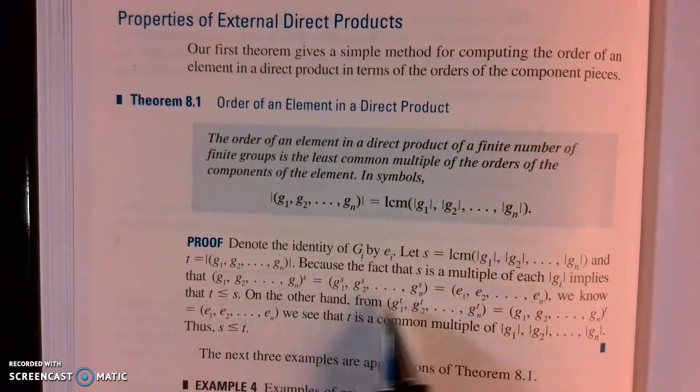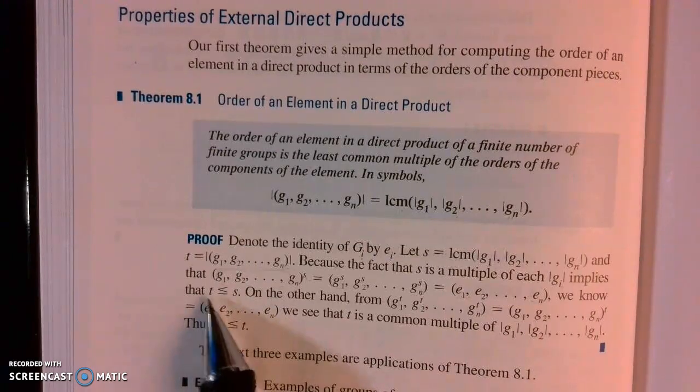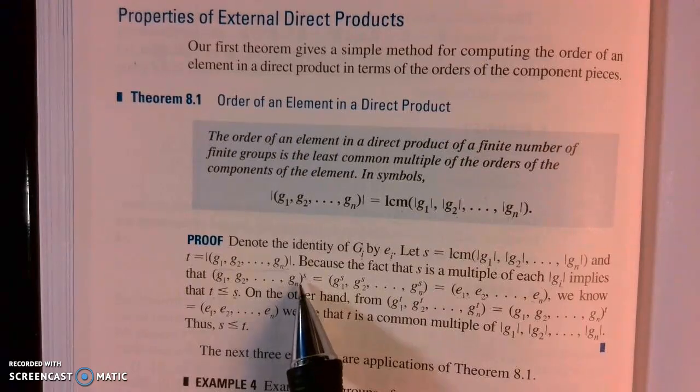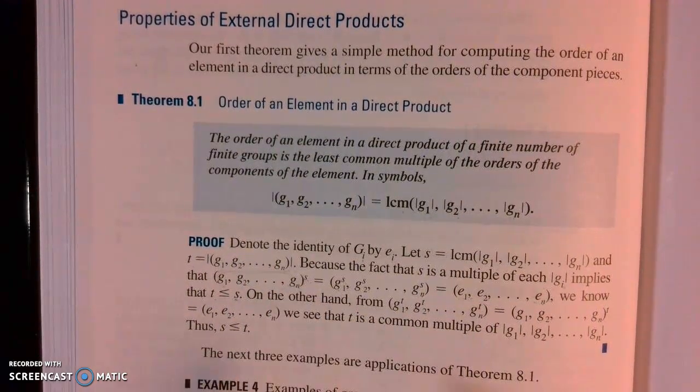This shows that S is bigger than or equal to T, because T is the order of the n-tuple.